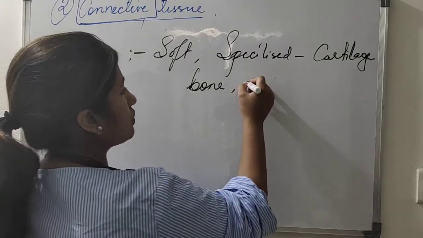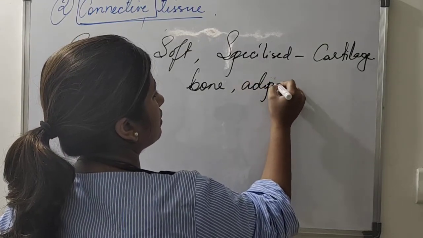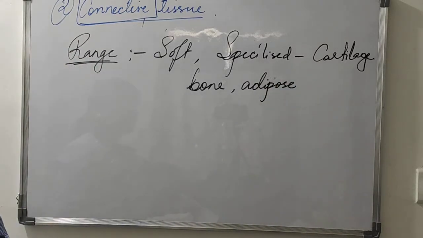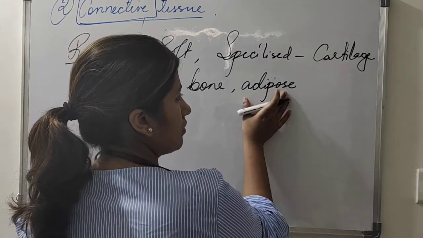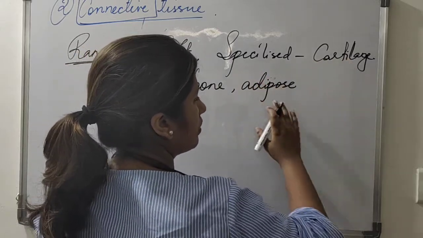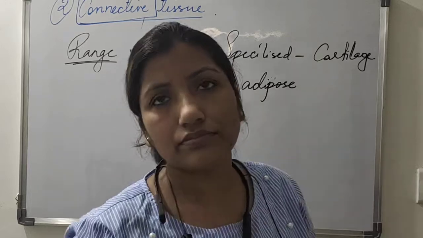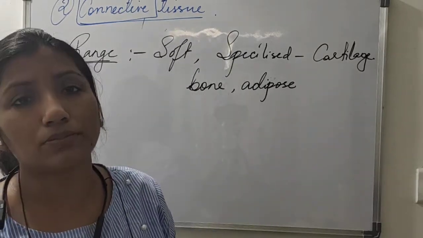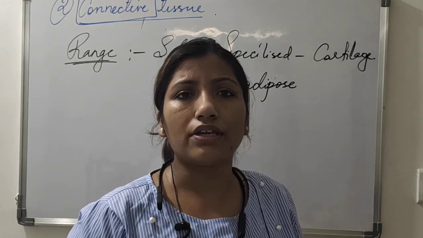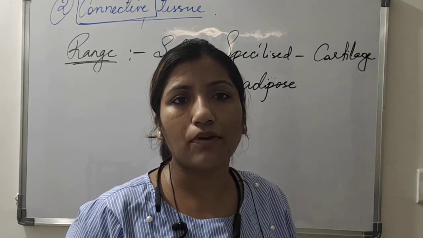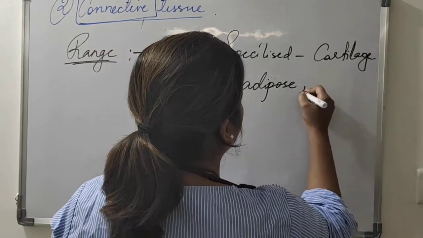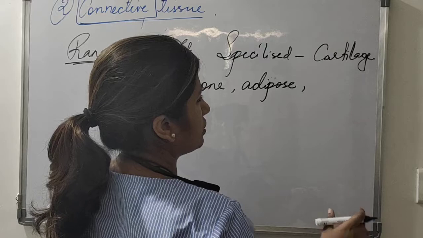Adipose tissue lies beneath our skin and is not like cartilage or bone. It provides the ground substance, like the shape of the body, the tissue or the organ. It gives a framework and shape.